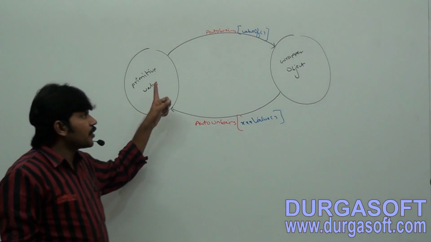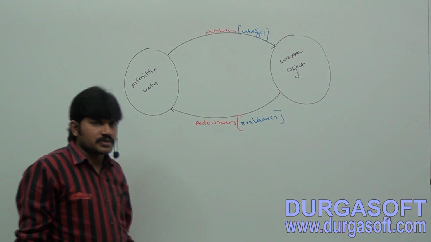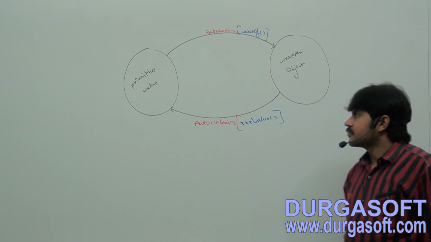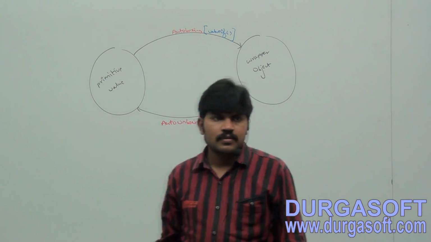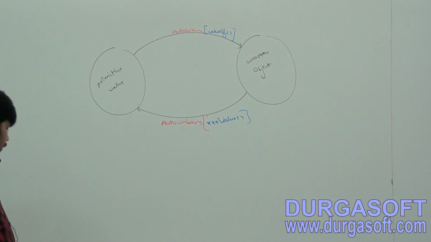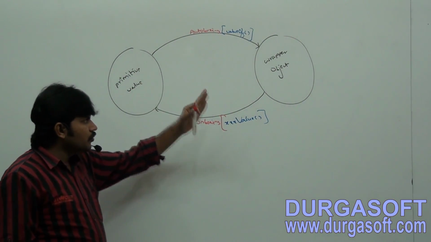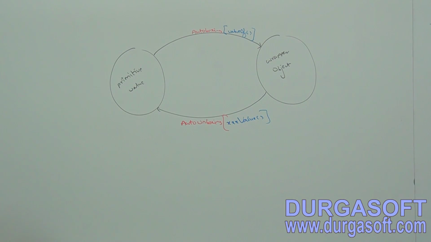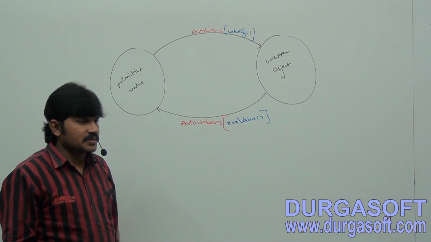Automatic conversion of primitive to wrapper object is autoboxing, wrapper object to primitive is auto unboxing, right? So valueOf and xxxValue.